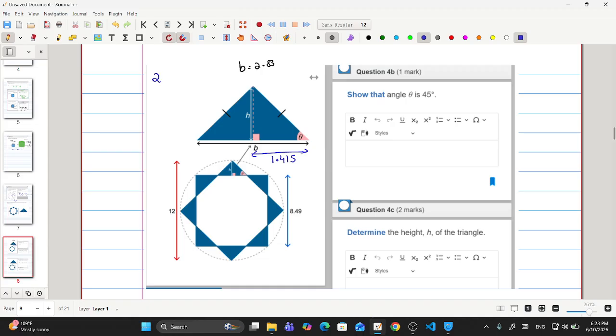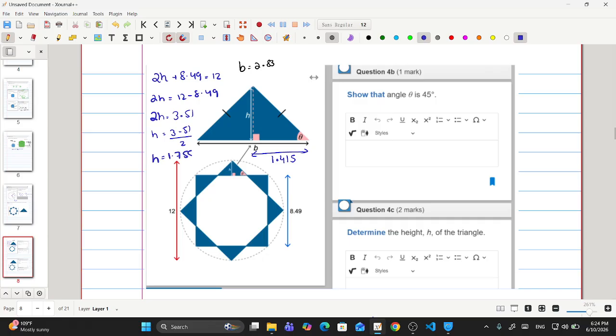Let me write it down. 2h plus 8.49 equals 12. 2h equals 12 minus 8.49. 12 minus 8.49 becomes 3.51. h equals 3.51 over 2, which becomes, I think, 1.755. Okay.